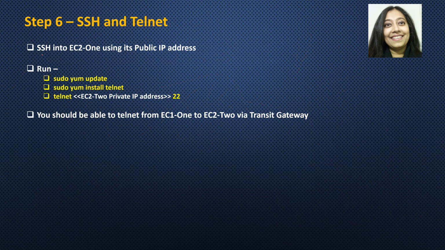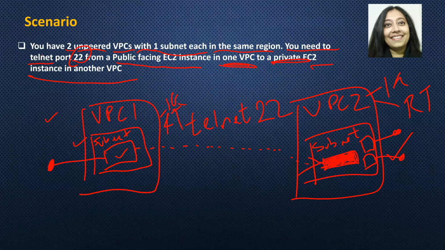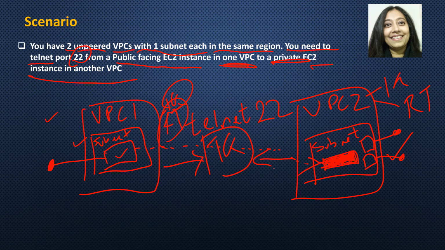So our entire setup is now in place. This entire scenario that we had discussed, creating the VPC, creating the subnet, provisioning the EC2 instance, having your internet gateway, having your route table, everything is in place. We also have our transit gateway in place now and the corresponding attachment from both the VPCs.